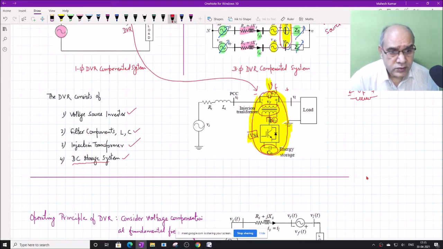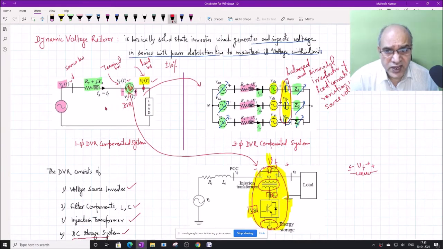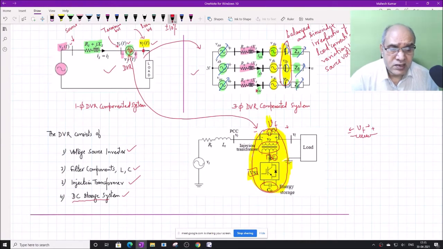Okay, so this point is clear. This is the first one, the schematic for single phase. Then we have three phase. Then we see what this voltage source, that is VF, is representing in terms of the circuit components and how they realize the voltage VF.